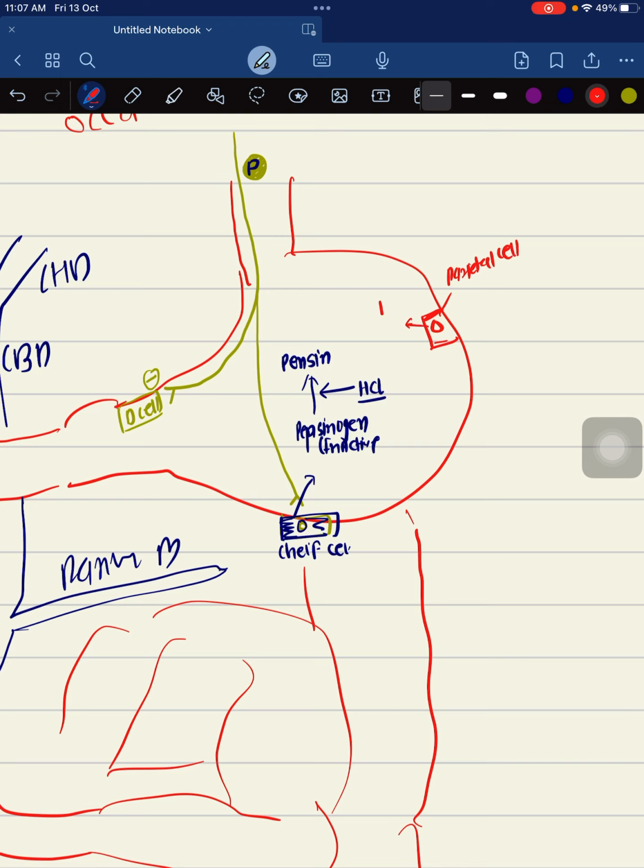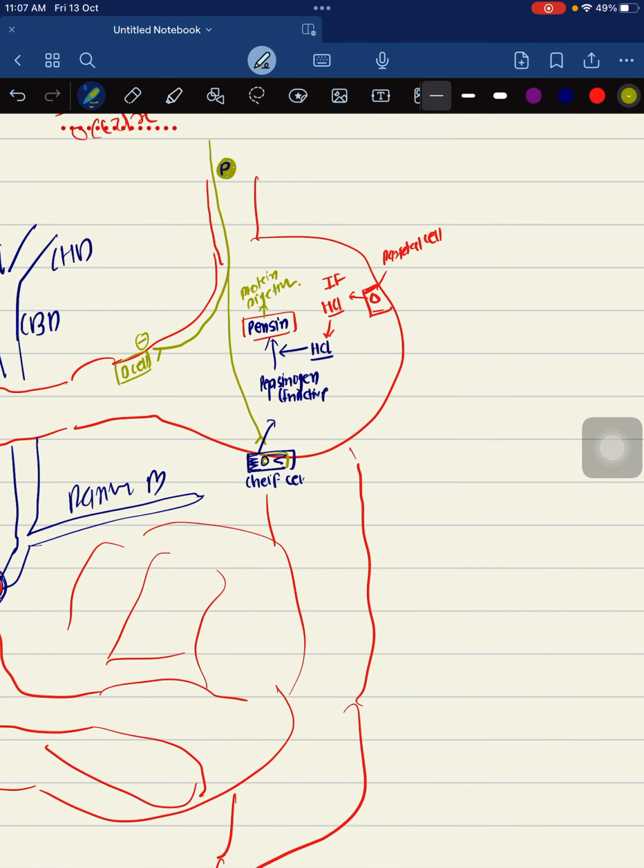Parietal cell produces intrinsic factor and HCl. And the pepsin works on protein digestion.